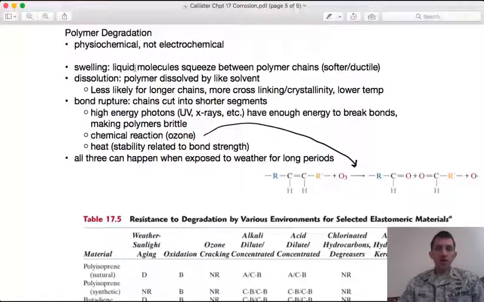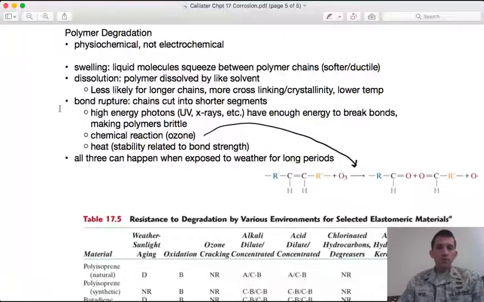So we talked about permeabilities. This is the idea behind swelling. So you would have small molecules that can get in between chains and soften them. This is what happens when we add plasticizers. But depending on the environment, this might either soften our polymer or dissolve it completely.